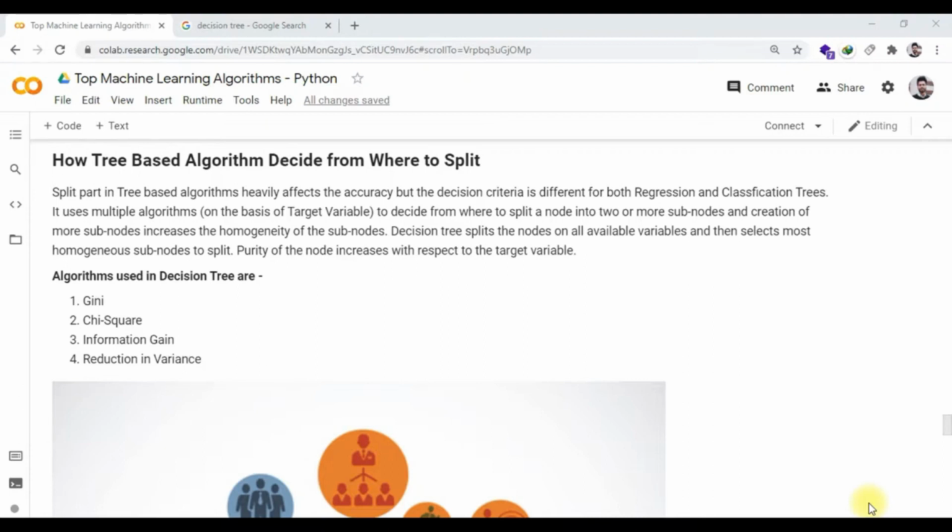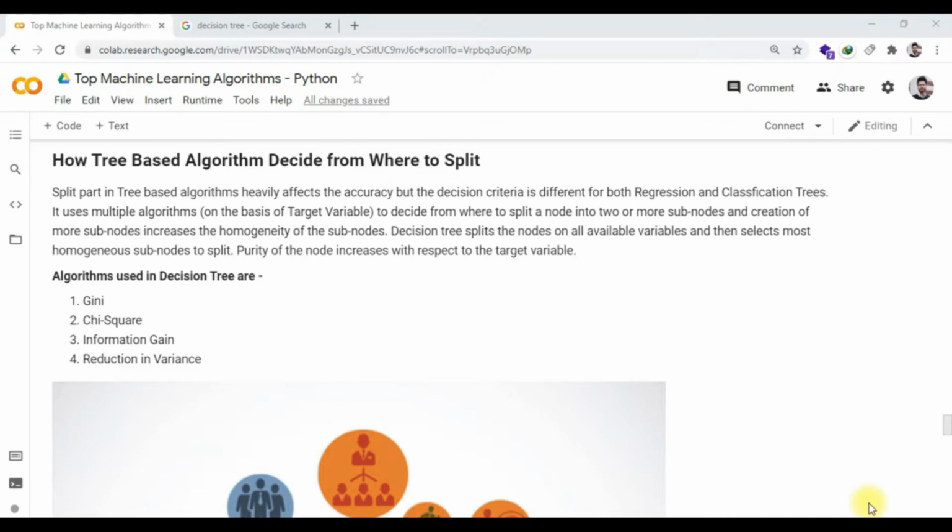The split point basically affects the accuracy, but the decision criteria are different for regression and classification trees. Multiple algorithms are used, on the basis of the target variable, to decide where to split a node into two or more subnodes, and creating more subnodes increases the homogeneity of the subnodes.